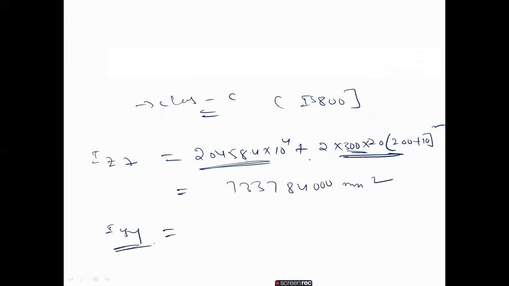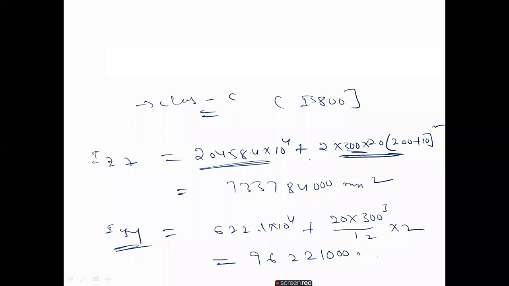Same like that, IYY just now we taken, that is 622.1 into 10 power 4 plus B D cube by 12. B is 20, D is 300 whole cube by 12. Two flanges are there. So multiply with the 2, you will get the answer 96221,000 mm power 4. So here IZZ is greater than IYY.